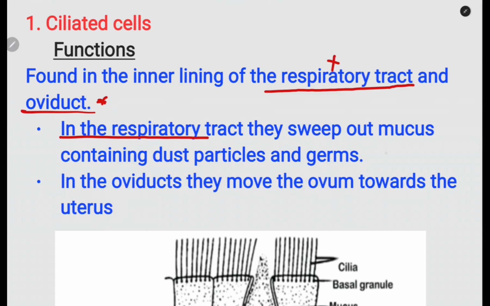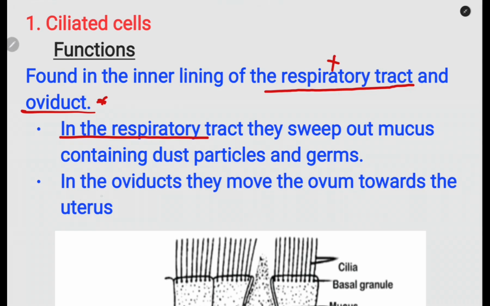They sweep out mucus containing dust particles and germs. So if we are to write, you need to indicate that in the respiratory tract, they sweep out mucus containing dust particles and germs. You cannot just say they sweep out mucus containing dust and germs. Now, where? That is how you express yourself in terms of answering questions.